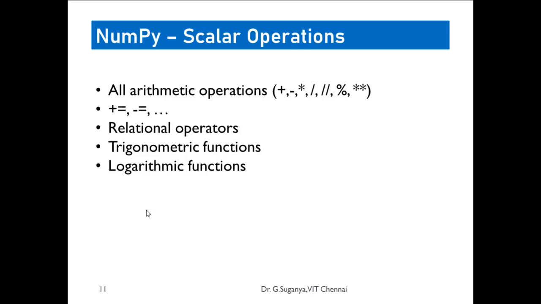And both scalar as well as vector operations are supported. I have listed scalar operations: all arithmetic operations, relational operations, then plus equal to, minus equal to, trigonometric, and logarithmic operations are supported in NumPy.